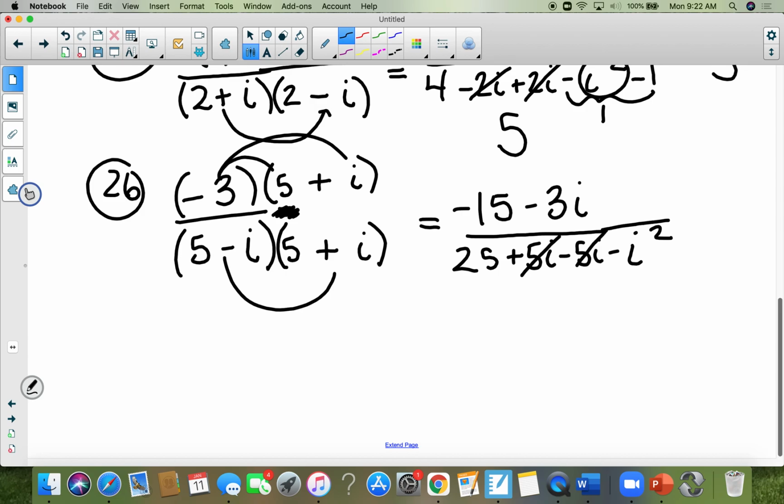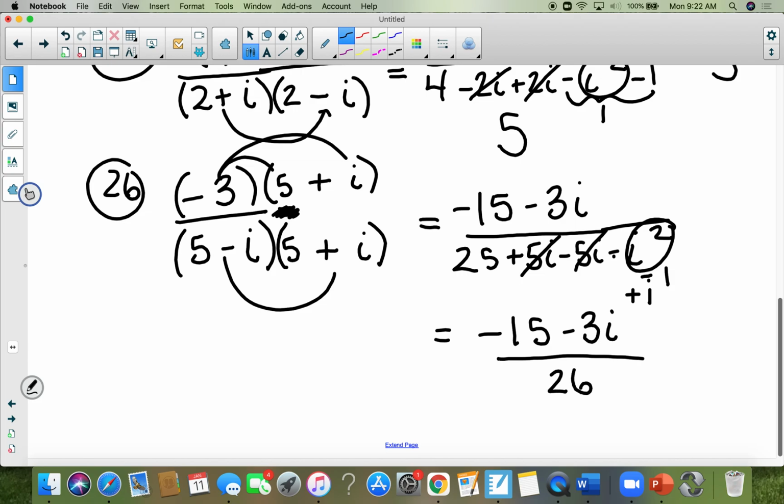Again, if you multiply by the signs being different, the i's will cancel out. i squared ends up being a negative 1, so a negative of a negative really equals a positive 1. So you end up with a negative 15 on the top minus 3i all over a positive 26. Again, none of those three numbers have anything in common with each other, so you cannot simplify them.